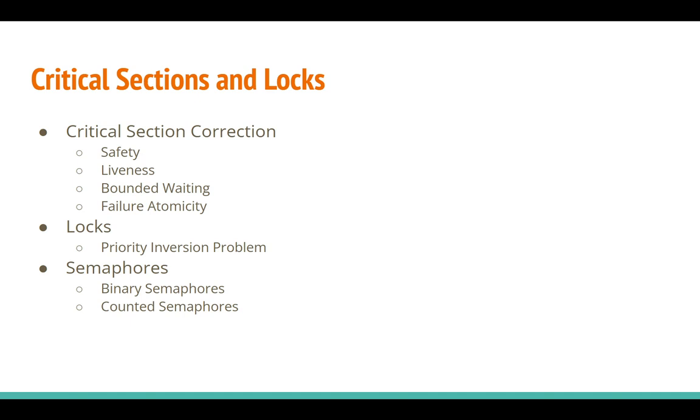So with locks, there could be a priority inversion problem. A priority inversion problem is whenever one thread that has a lock is of a lower priority than a thread that needs the lock. To fix this, you have to donate priority.